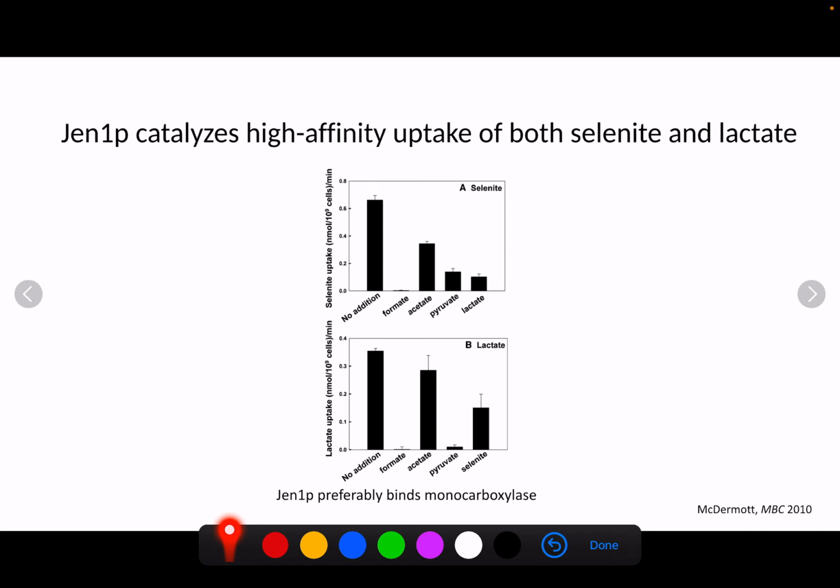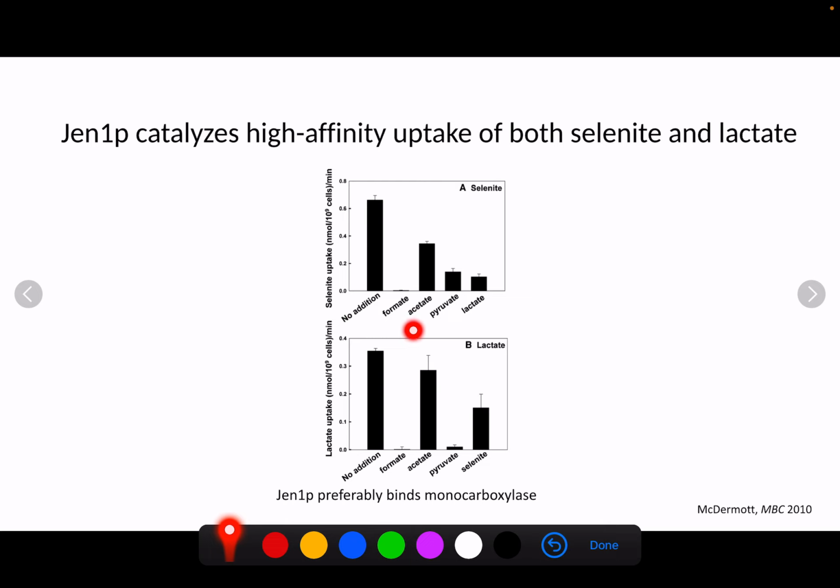Now, moving on to the last paper, which talks about a protein called Gen1P. Gen1P has been shown to help with monocarboxylate uptake, but it turns out that Gen1P also participates in selenite and lactate uptake.